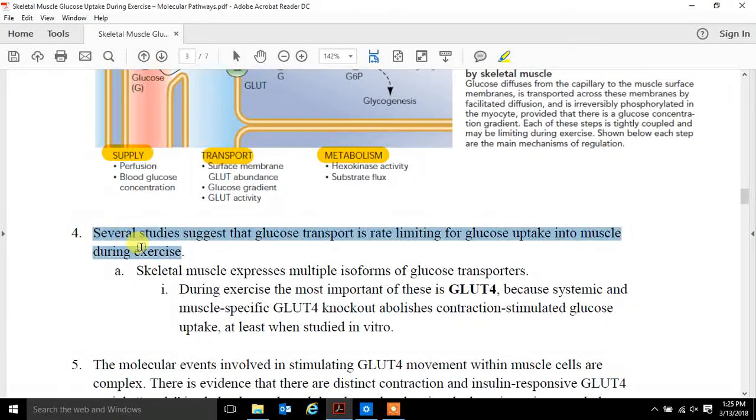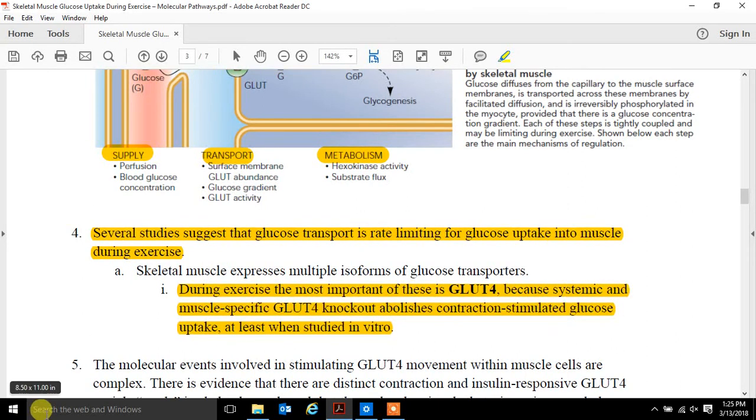Just to boil it down, most studies suggest that glucose transport, so this point right here, the surface membrane GLUT4 transporter abundance, is rate limiting for glucose uptake in the muscle during exercise. We know that skeletal muscle has multiple isoforms of glucose transporters, but during exercise, if we're using exercise as a therapeutic intervention here, the most important is GLUT4.